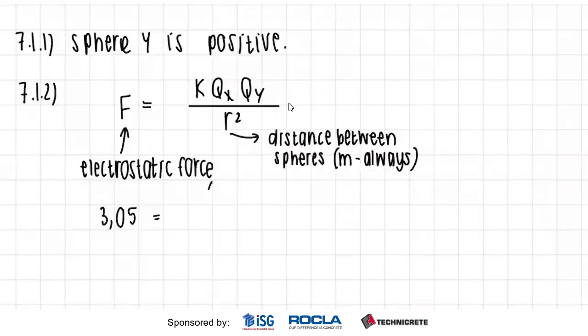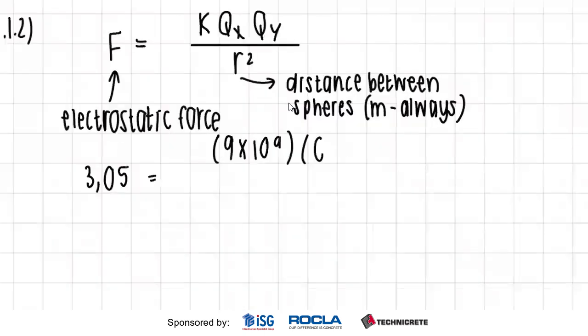3.05 equals, so K is 9 times 10 to the 9. That is on your formula sheet. You will get that. The charge on sphere X we were given is 6 times 10 to the negative 6 coulombs. Times 10 to the negative 6.